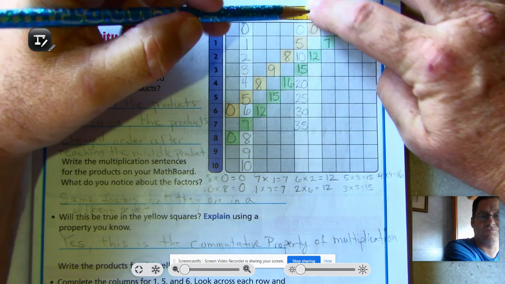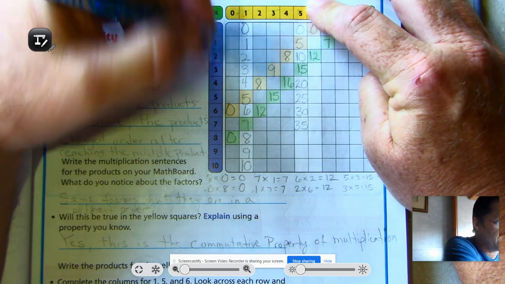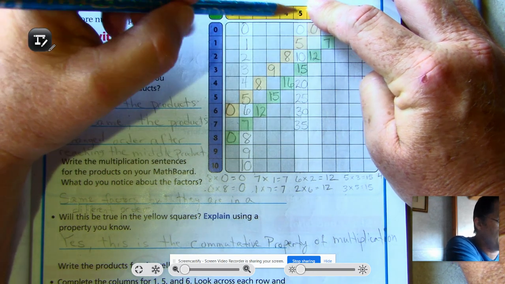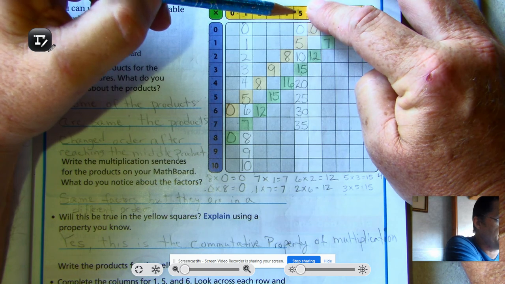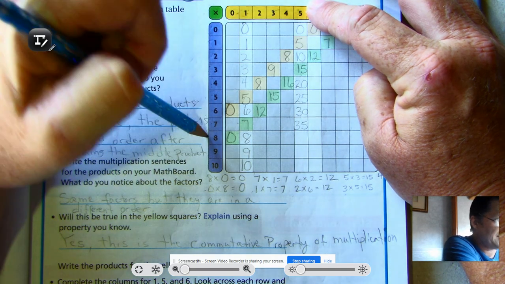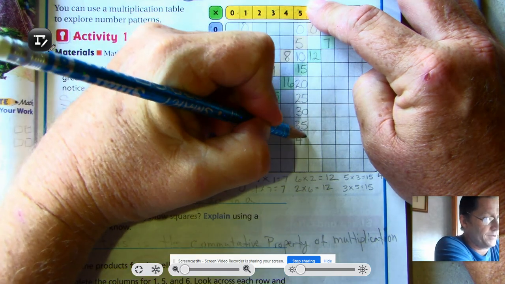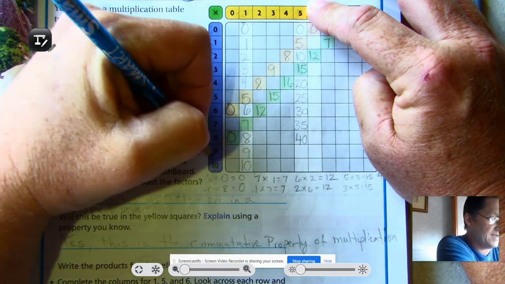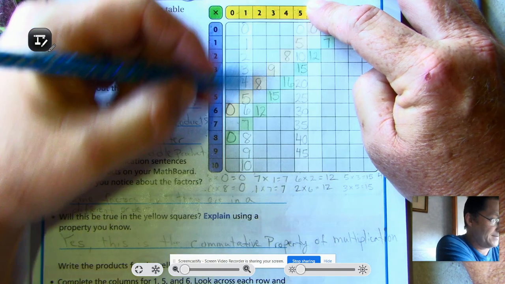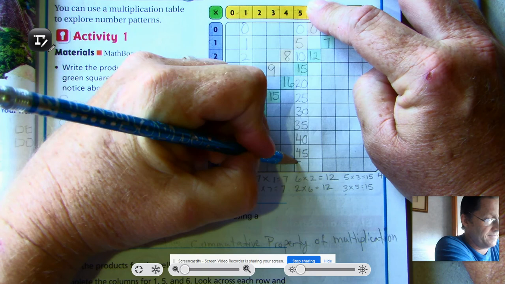And at this point, we're just counting by 5. So we could just keep adding by 5s and finish the row, but I do want to continue to practice saying the multiplication problems. 5 times 8, 40. 5 times 9, 45. 5 times 10, 50.